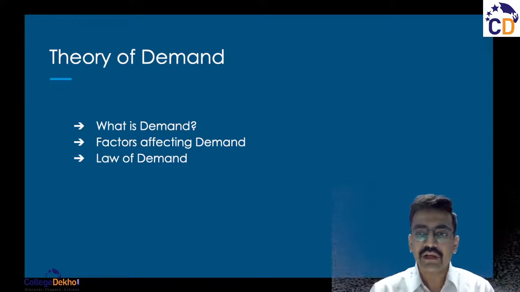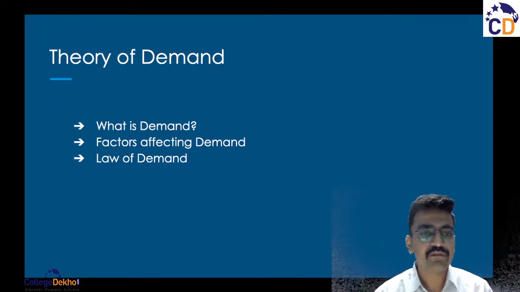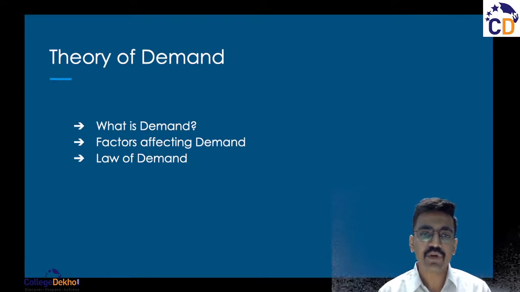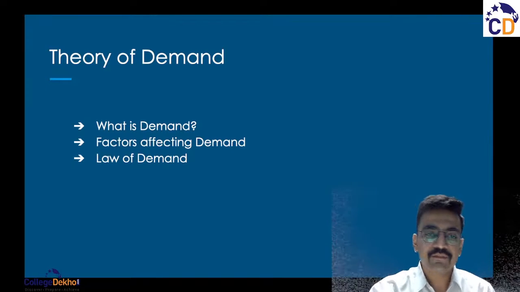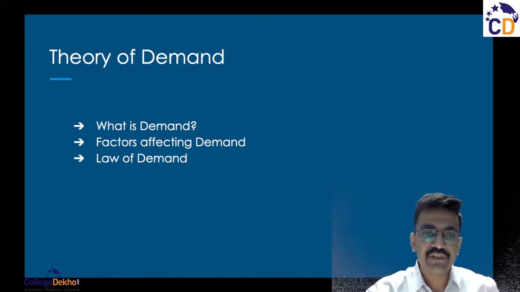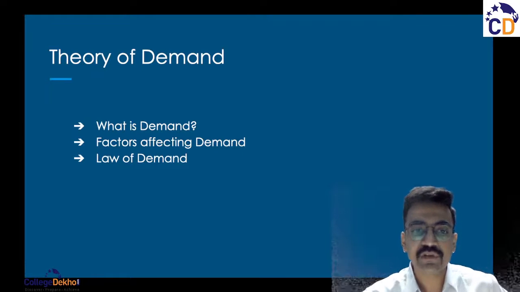On the other hand, the exact opposite is that if the price of the commodity is going up, the demand will go down, or if the price of the commodity is decreasing, then the demand will increase, right?